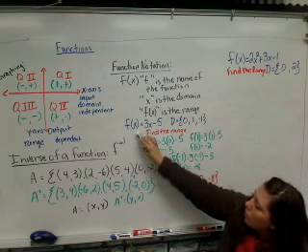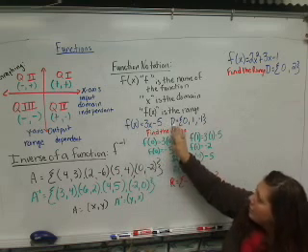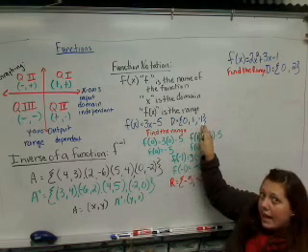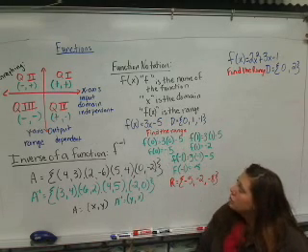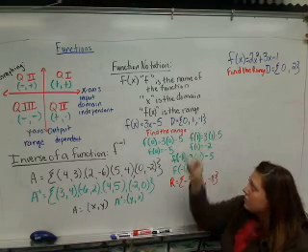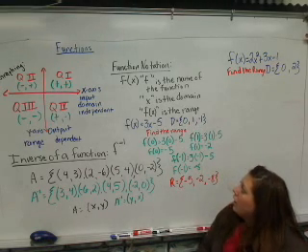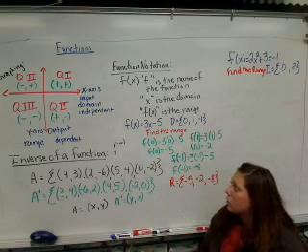So here's an example of a function written in function notation, f of x equals 3x minus 5, and I'm given domains 0, 1, and -1. I'm asked to find the range right here. So what you need to do is go in separately and plug in these domains and find the individual ranges, and then that's going to give us our ultimate answer.